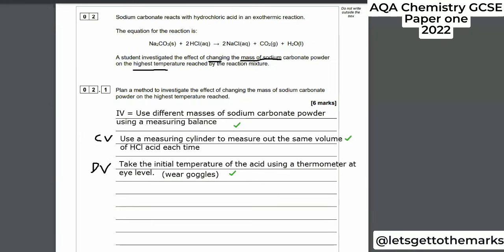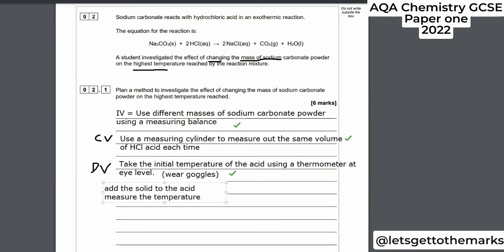Okay. Now we're going to say add the solid, which is the sodium carbonate, to the acid. And how long are we going to measure the temperature?